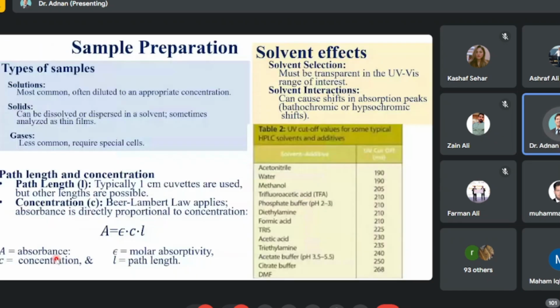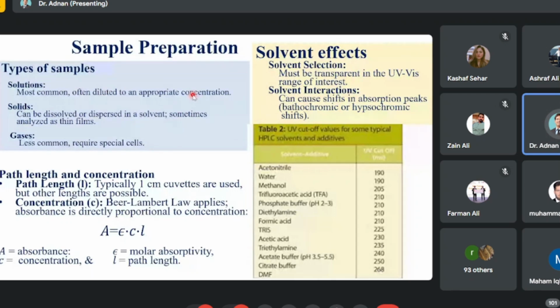What type of samples are required for UV visible spectroscopy, and how will you analyze them? Mostly we use solutions, which is the most common, often diluted to an appropriate concentration, because UV visible spectrometry works within certain limitations.